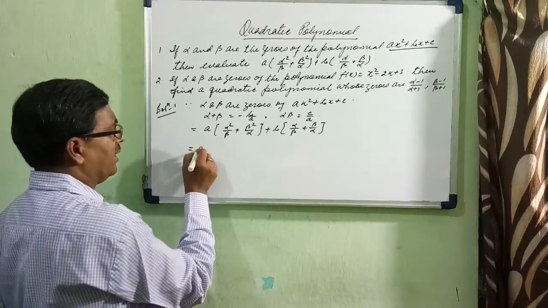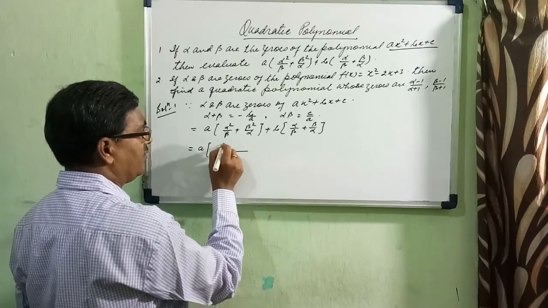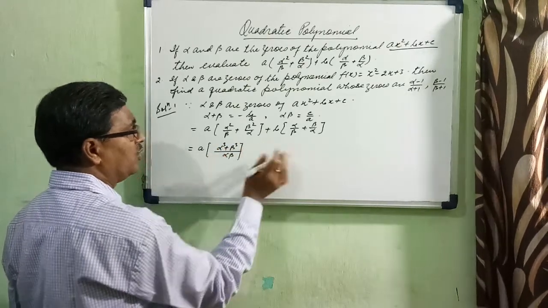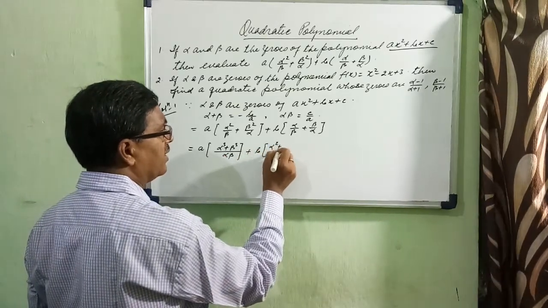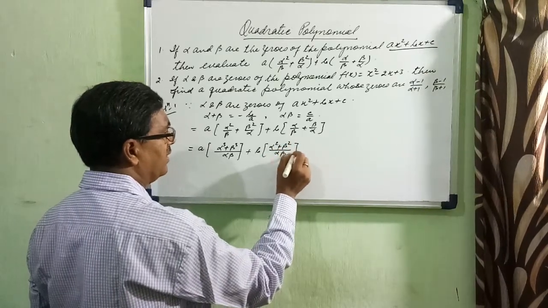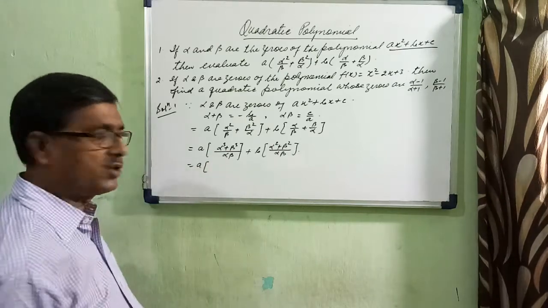So for a, when you take the LCM, it will be alpha beta, and alpha cube plus beta cube. And this will be b into alpha square plus beta square divided by alpha beta.